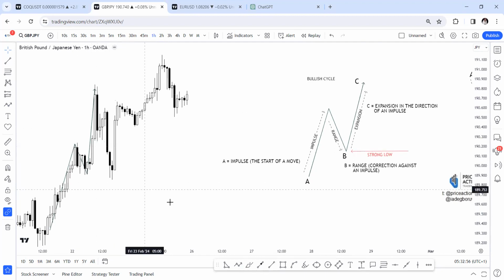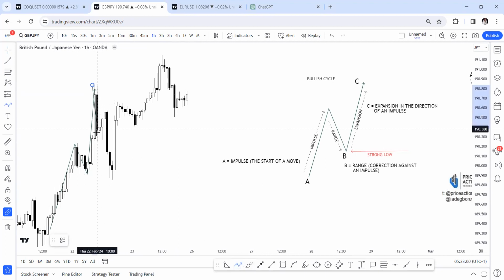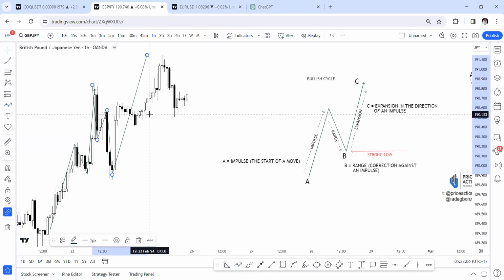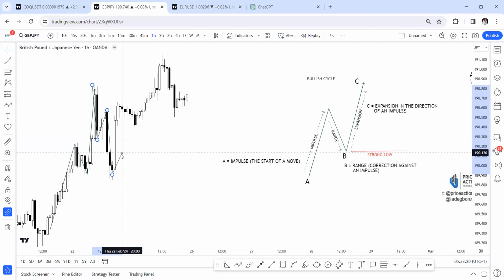Then this is another range. It's another range, and price moves higher after the expansion. That's the expectation of the complete cycle. So after the complete cycle, price moves to the opposite. That's what the trend is after the completion of the cycle.